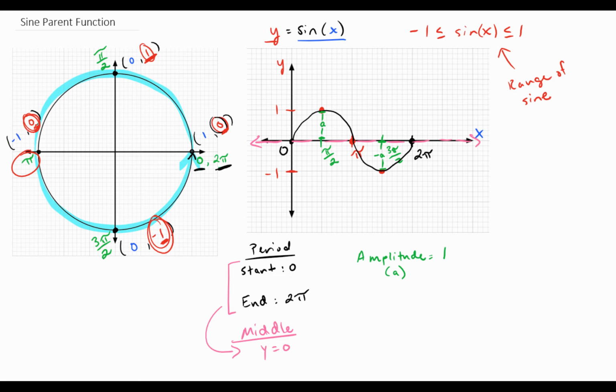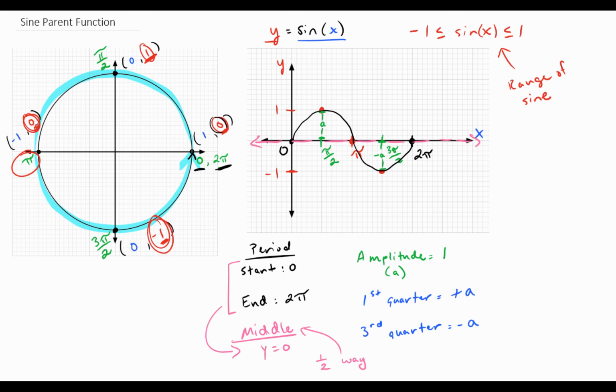In addition, we know that at our first quarter mark, we're at one amplitude above, or plus one amplitude, in this case plus 1. And at our third quarter mark, we're one amplitude below. And then the very last point, the only one not mentioned here, is the halfway point. And for the sine function, we're right back at the middle.